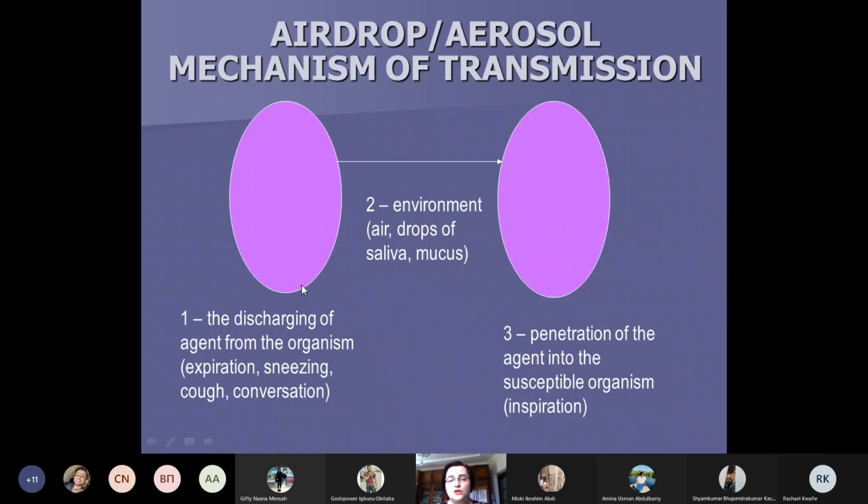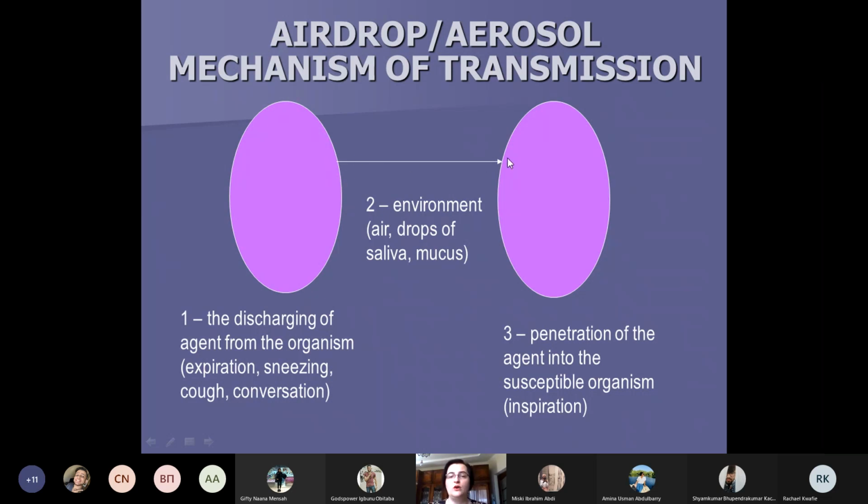As a rule, the agent is discharged from the organism during expiration, sneezing, coughing, and during conversation also. But remember that a lot of respiratory infections are anthroponoses, but for example, flu is an exception. It can infect not only humans, but birds and other animals, mammals also. Birds, bats, and a lot of other animals, not only humans.